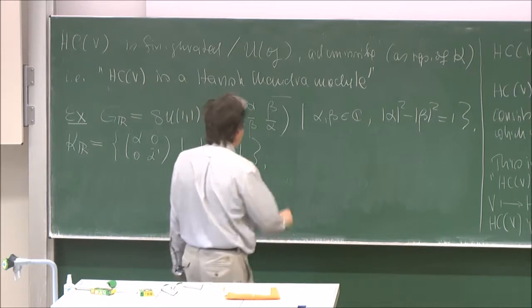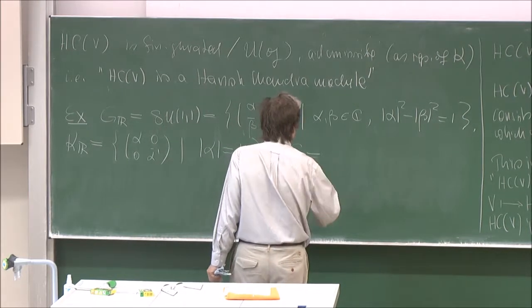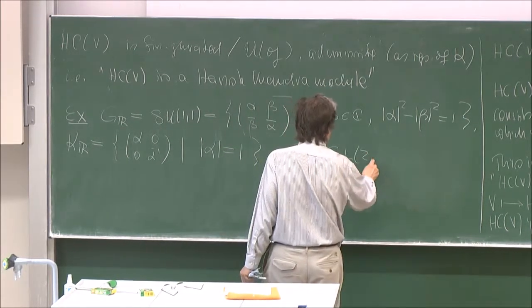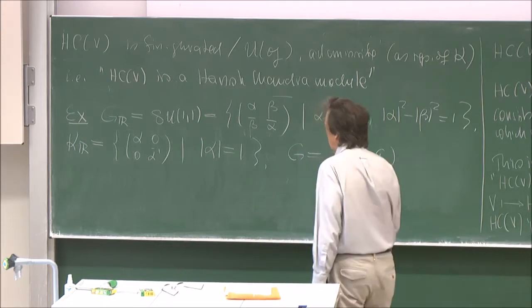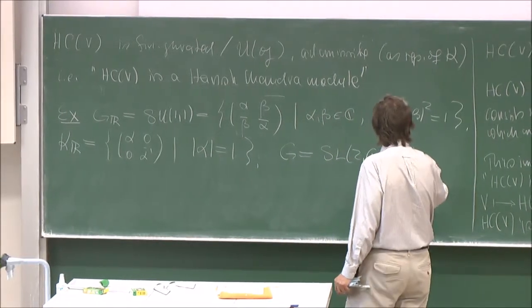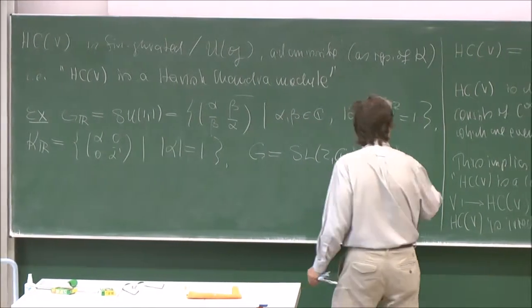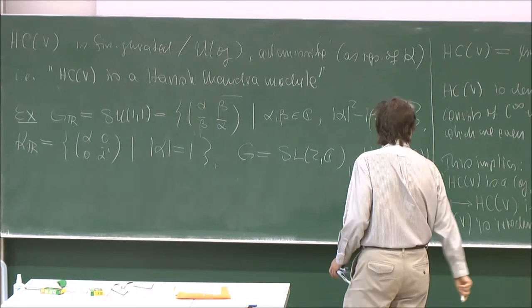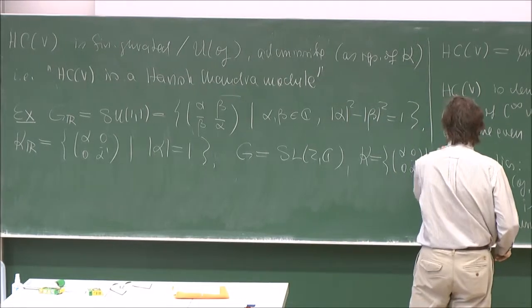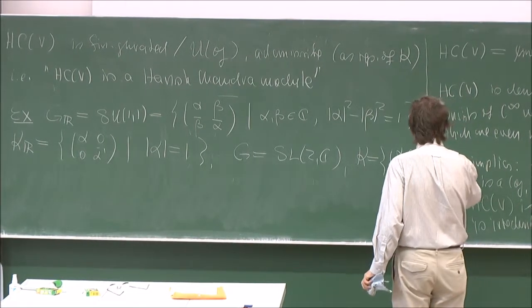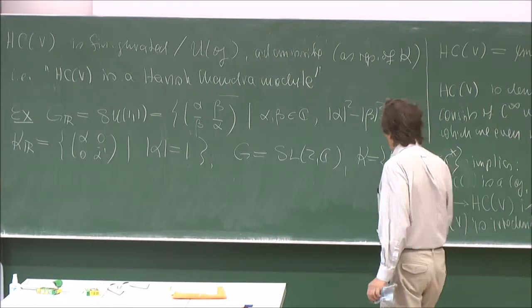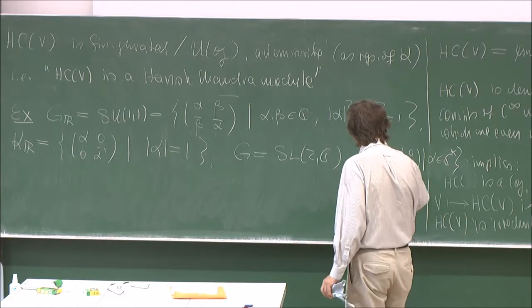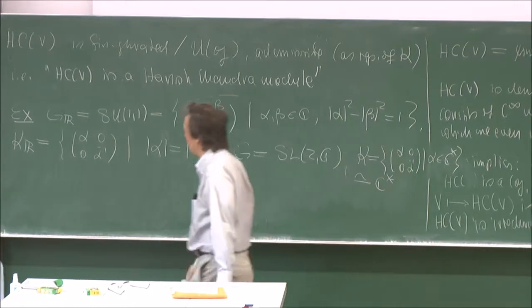And then G would be SL(2,C). And K would be the group of all matrices (alpha, 0; 0, alpha inverse) with alpha in C star. So K is in fact isomorphic to C star.